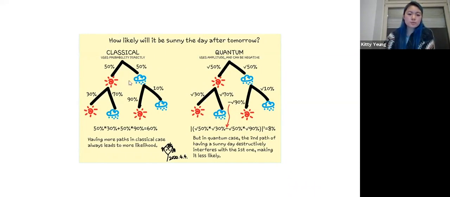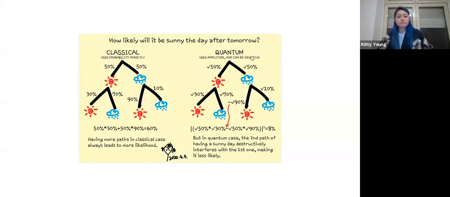You multiply these two. Plus, the other option is first getting rainy and then going to sunny. So in this case, you get 60% likelihood that the day after tomorrow is sunny. However, if you were in a quantum system, the probability is not what we use directly. We use amplitudes, the coefficients that we put in front of the states.